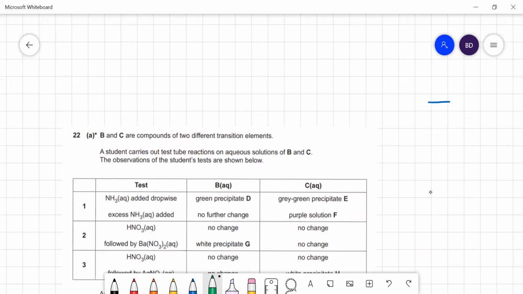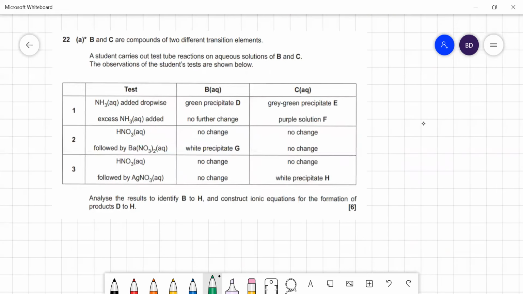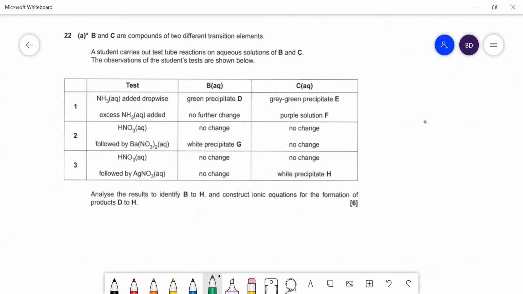Right, more inorganic now, transition metals. Now let's have a look at this. We are adding ammonia. Ammonia acts as a base with transition metals. So we're going to have these transition metals, let's say [M(H2O)6], it could be 2+ or 3+, let's call it X+. If you add ammonia to that, it can act as a base.